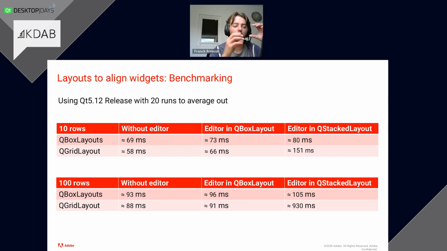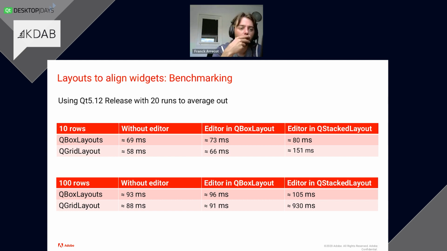You remember the sub layout created with a QBox layout, which was actually a QVBox layout. Doesn't matter much. It's kind of close. But if we look at the editor using a QStack layout within a QBox layout, it's still the same level of speed, but it starts to be a bit different for using QGrid layout.